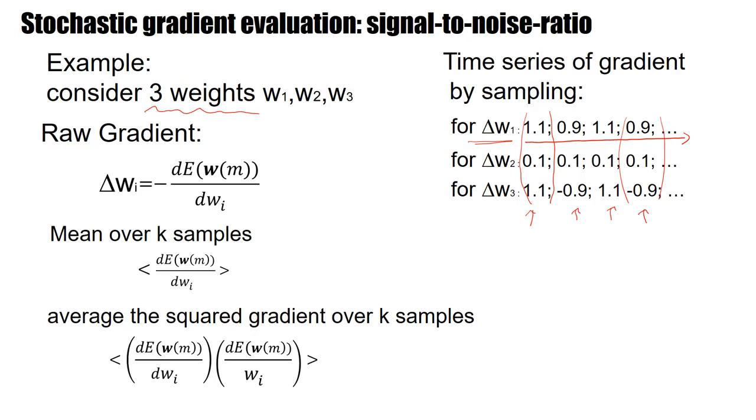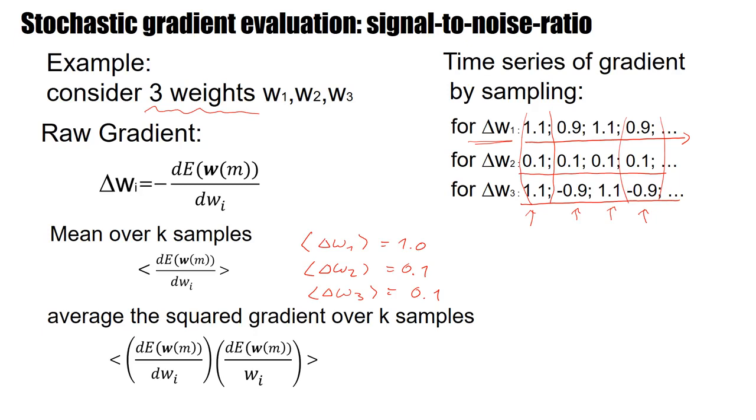Well, if we calculate the average over K samples, then this average for the first weight would be just 1. Let's do the same for the second weight. This one is easy. Delta W2 is 0.1. Let's do the same for the third weight, 1.1 minus 0.9. Let's calculate the average, and this is also 0.1.